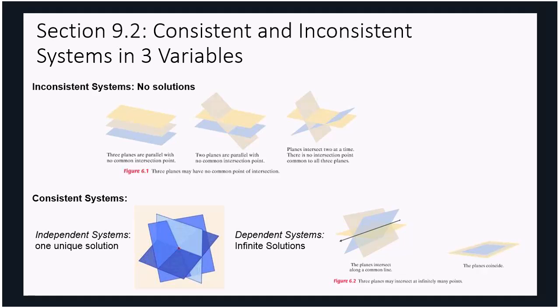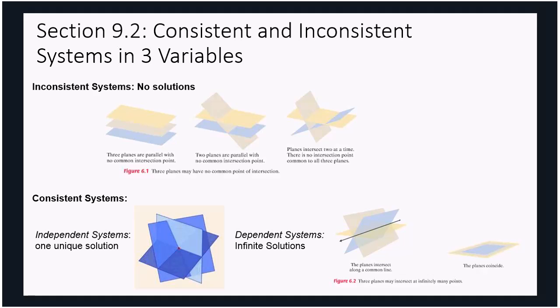If you think back to when we were talking about linear equations that graph lines, if we had an inconsistent system of linear equations, it was 2 lines that were parallel. And because they were parallel, they didn't intersect, so they didn't have a common solution. So in a system of equations in 2 variables, it would give no solution because the lines didn't intersect.